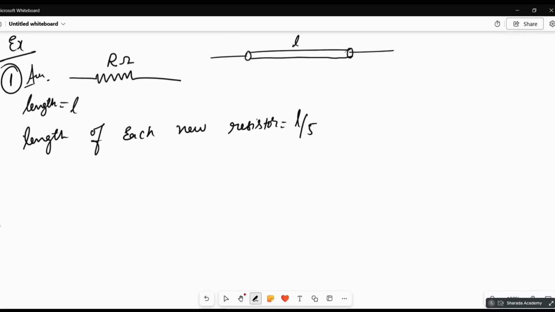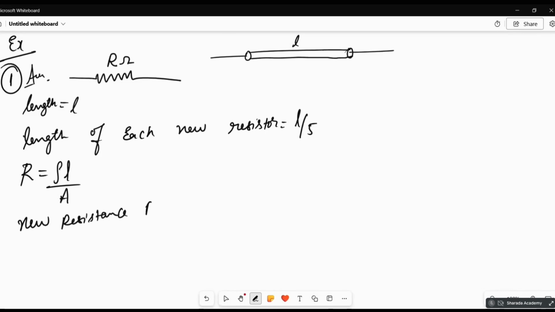So what will be the resistance? Now R is equal to rho into L by A. Now I will make this L by 5. 5 resistors will be there. So what will be the new resistance?